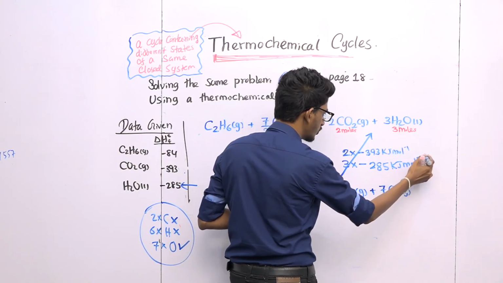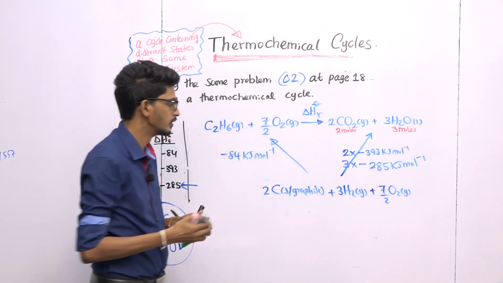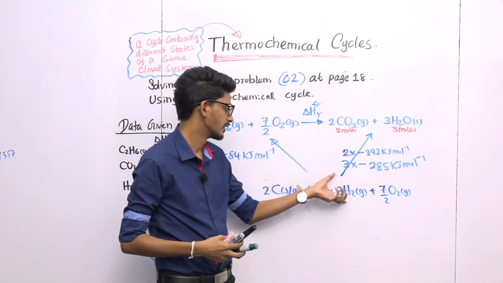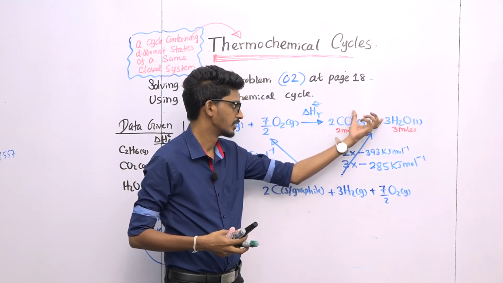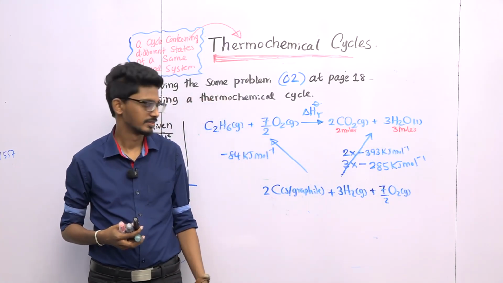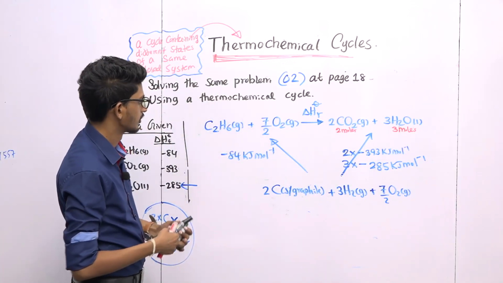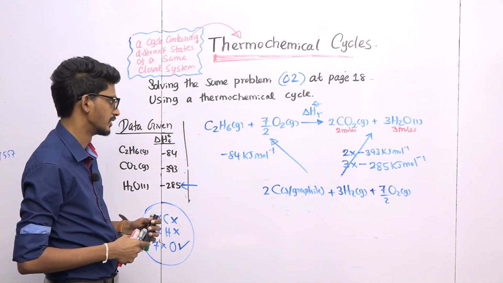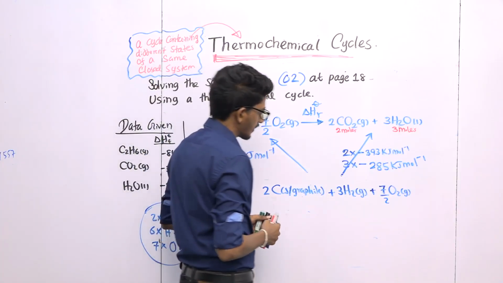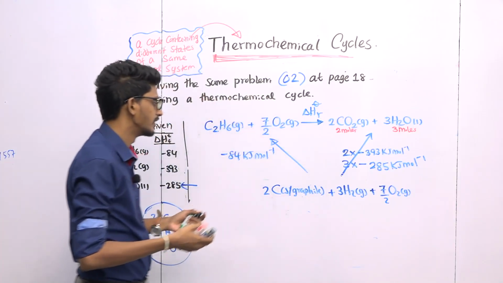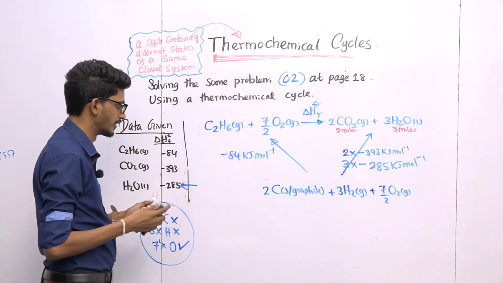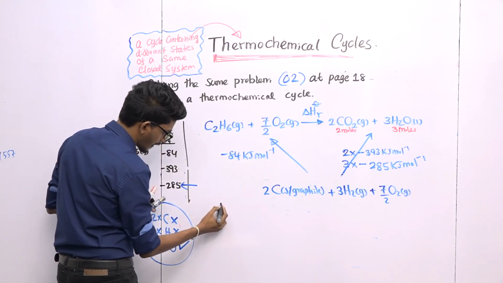By doing these 2 energy changes at once, you can completely convert the state containing reference forms to this state. Right? So our cycle is completed now. Then we need to apply the Hess law.